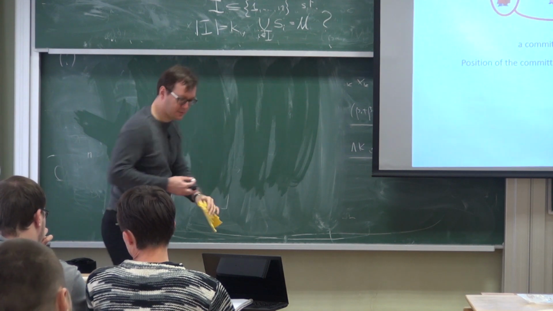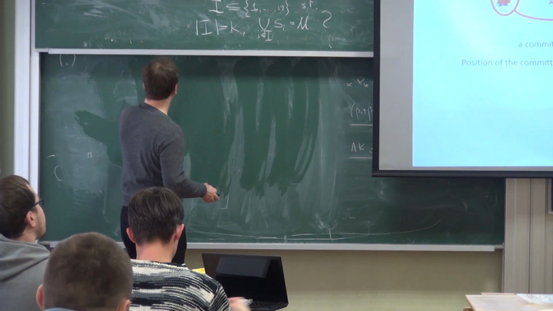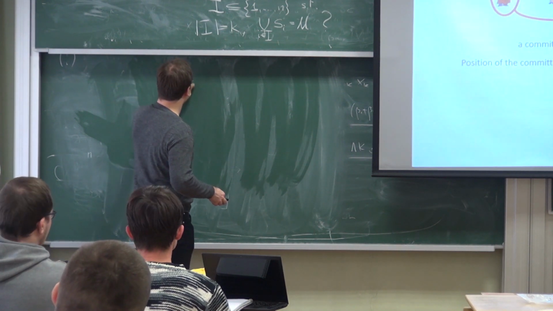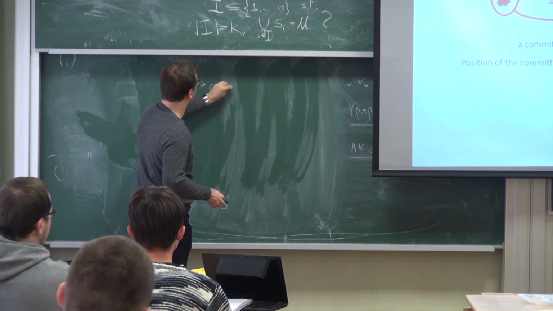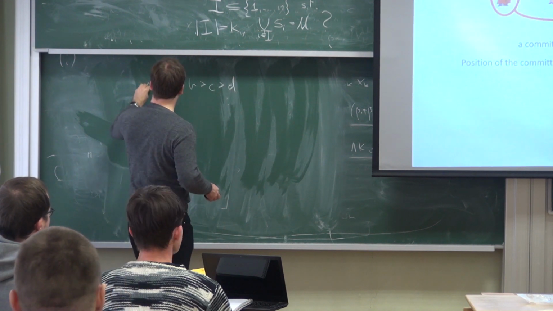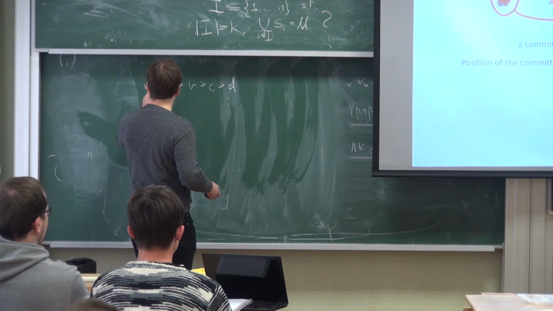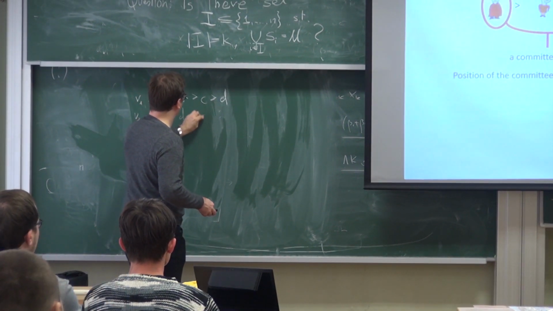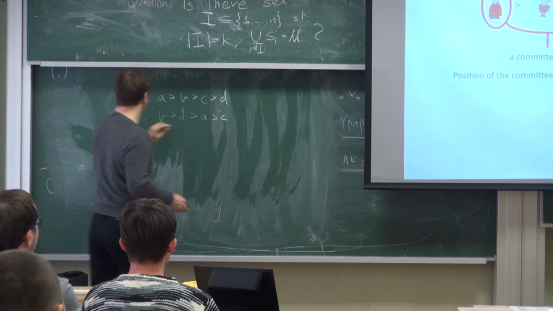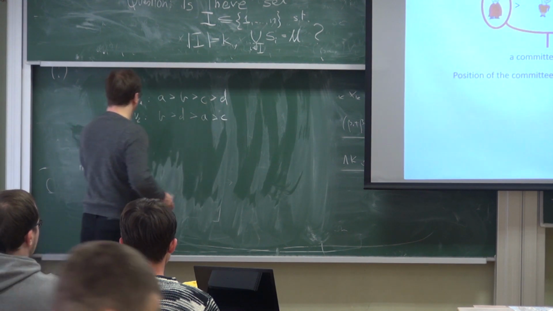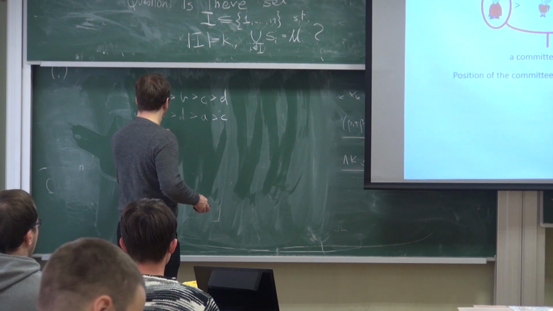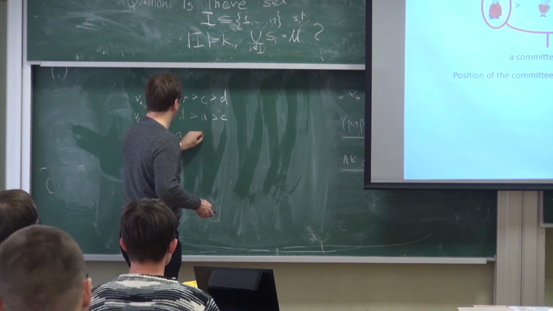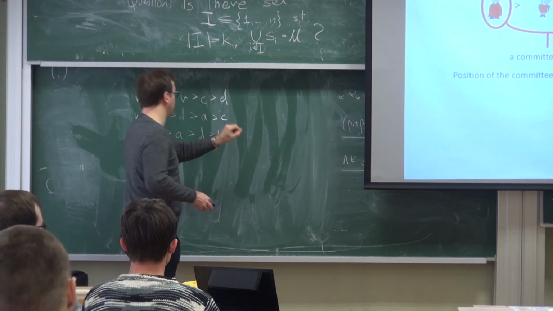So if you have, say, A, B, C, D, this is voter 1. You have voter 2 with B, D, A, C, and you have voter 3 with C, A, D, B.